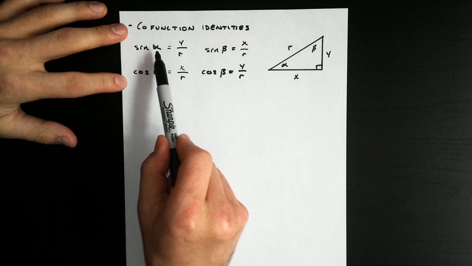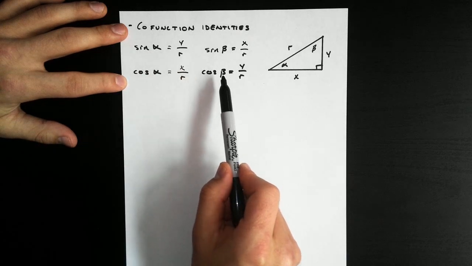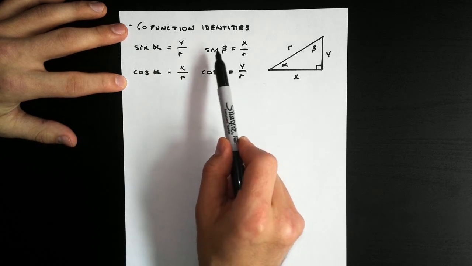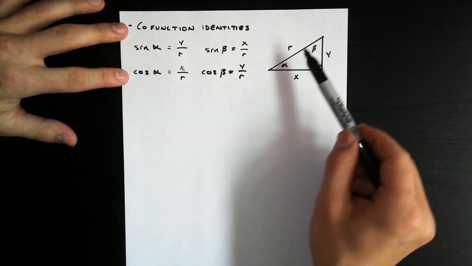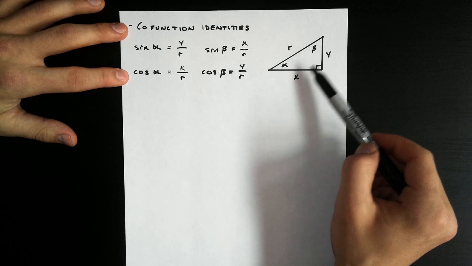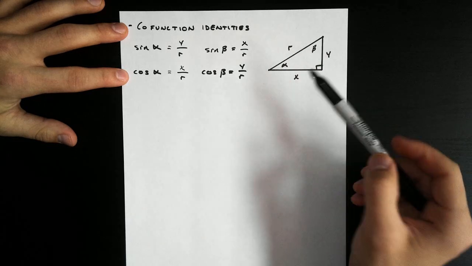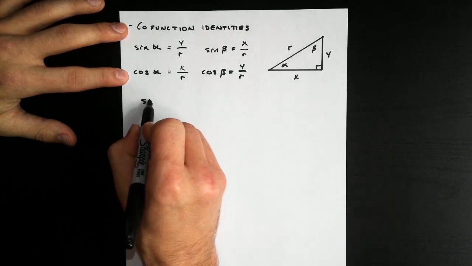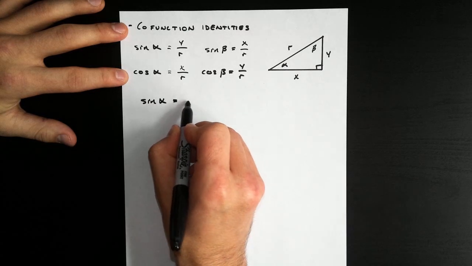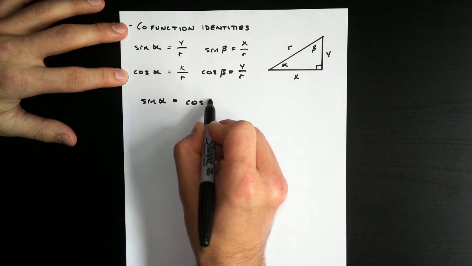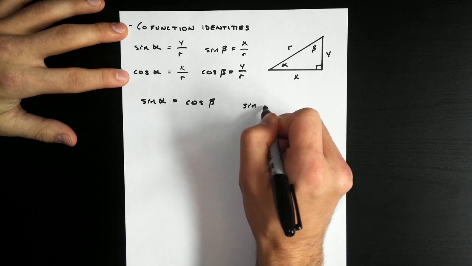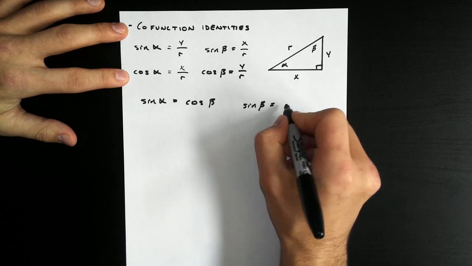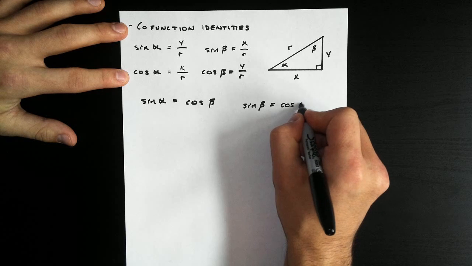So the sine of alpha is the same as the cosine of beta, and the sine of beta is the same as the cosine of alpha, which makes sense because when we switch angles, those opposite and those adjacent sides also switch. So we have the sine of alpha is equal to the cosine of beta, or we also have the sine of beta is equal to the cosine of alpha.